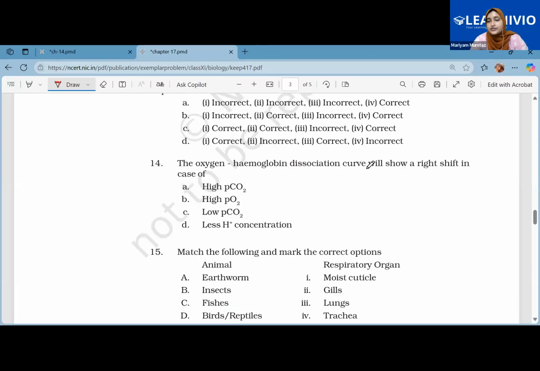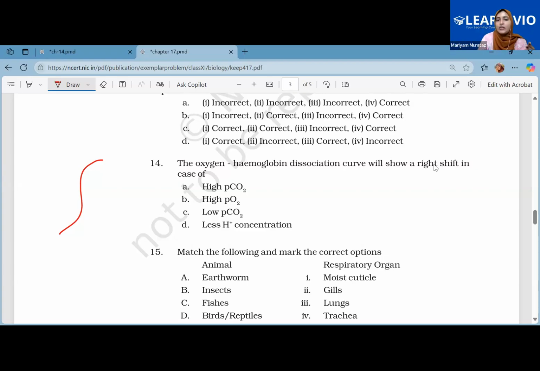Oxygen hemoglobin dissociation curve will show a right shift. One more thing, right and left shift. See, when that S-shaped curve is more towards the right, it has a right shift, and it can also have a left shift. The left shift shows that hemoglobin is combining with oxygen strongly. The right shift shows that it is dissociating more and more.